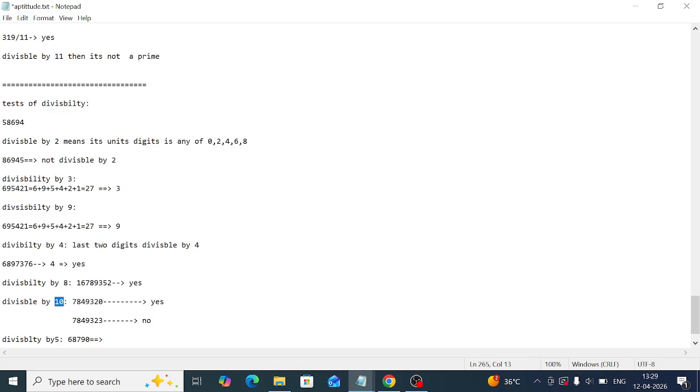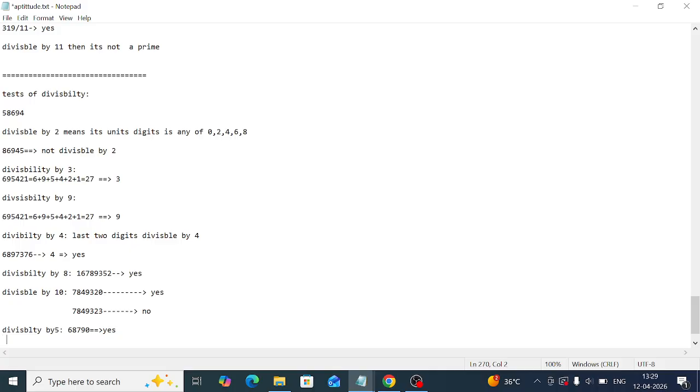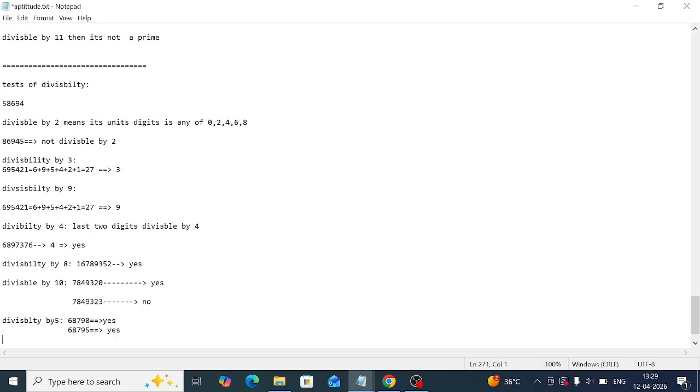But for 5, if it is 0, it is divisible by 5. If it is 5, then it is divisible by 5. 6 8 7 9 5 is there, then also it is divisible by 5. The last unit digit should be 0 or 5. But for 10, only the unit digit 0.